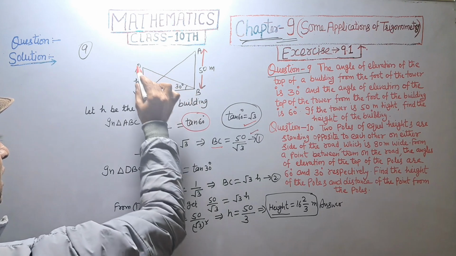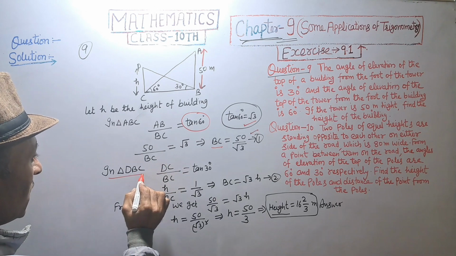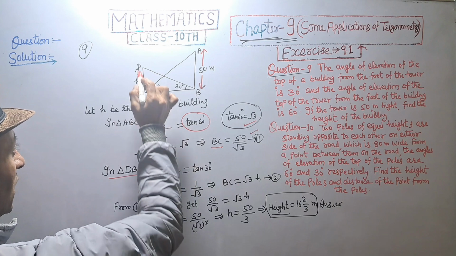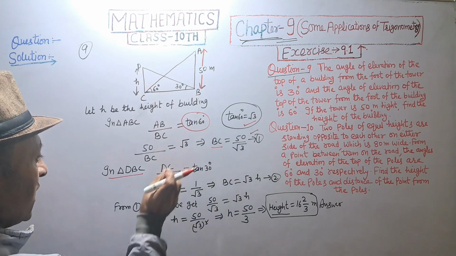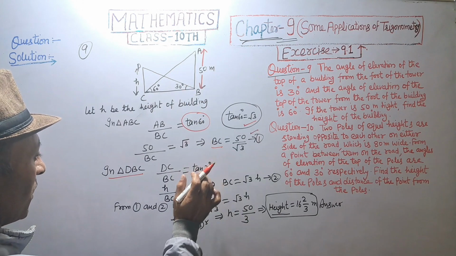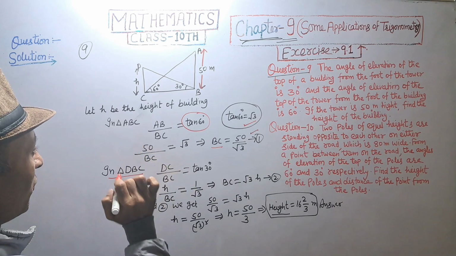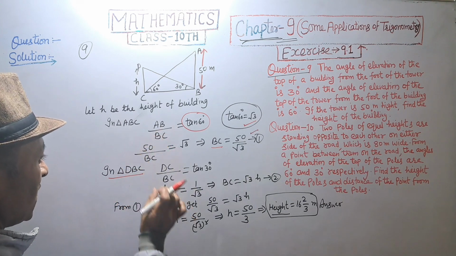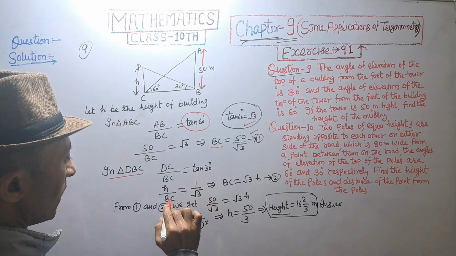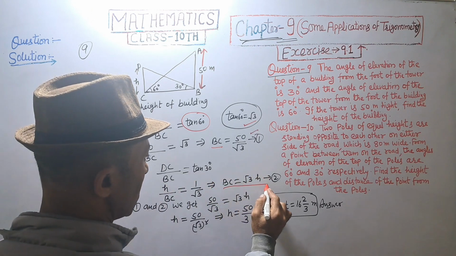And in another triangle DBC, DC upon BC, DC is the perpendicular and BC is the base, equal to tan theta, and the angle is 30 degrees. DC is equal to H, that is the height of the building. H upon BC is equal to tangent 30, 1 upon root 3, and BC is equal to root 3 H, it's equation number second.